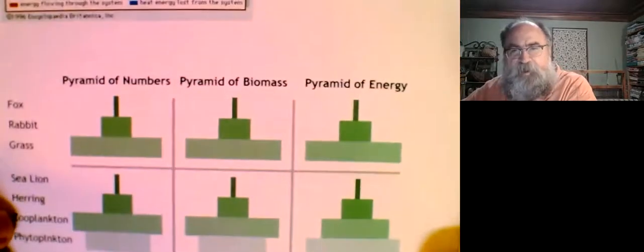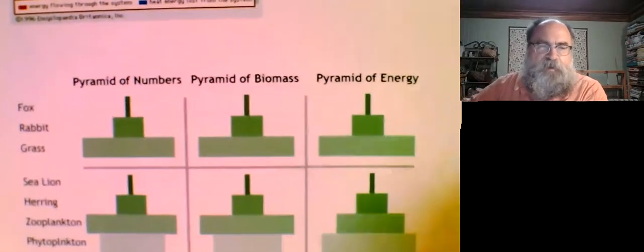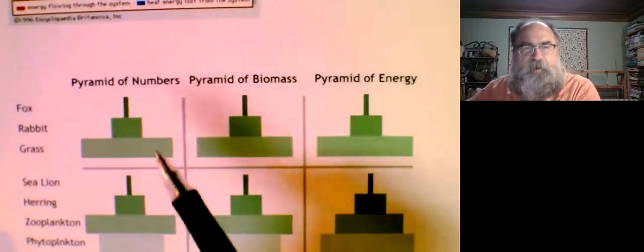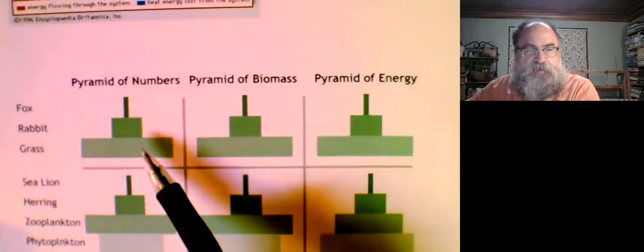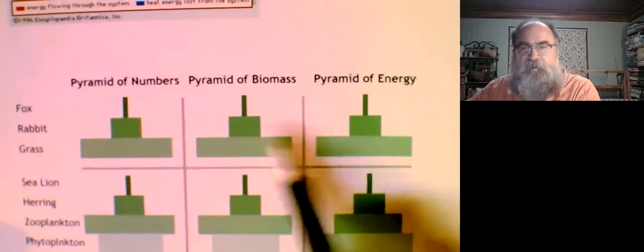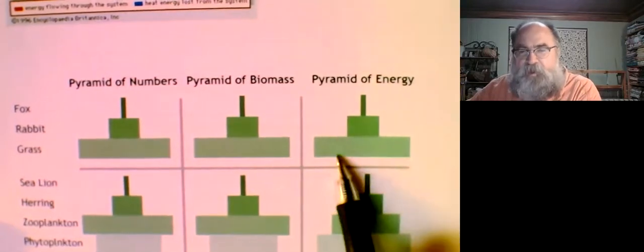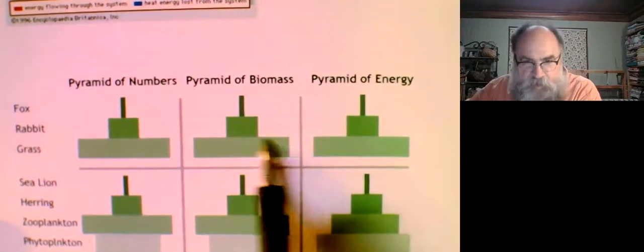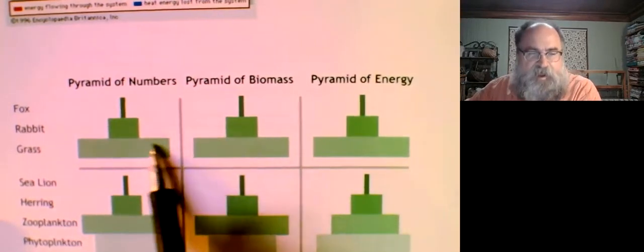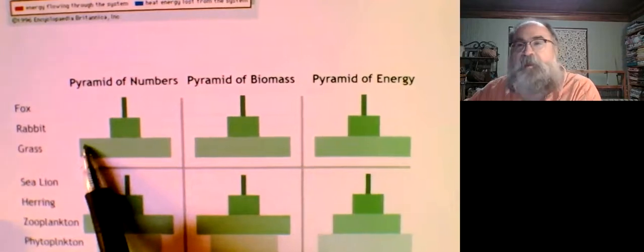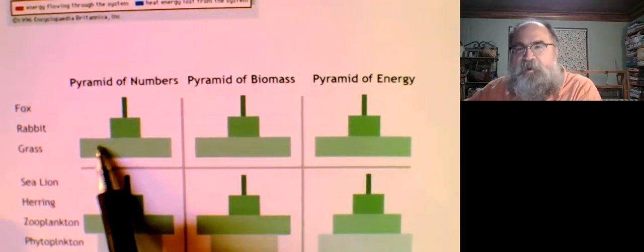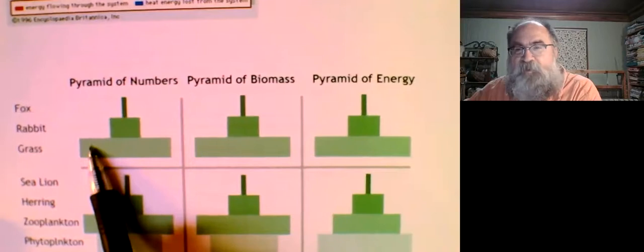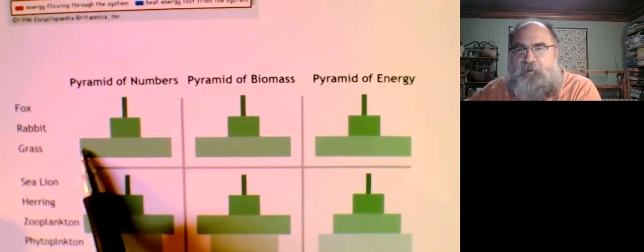And so there's a lot of other things that go along with that here. Pyramid of numbers, pyramid of biomass, pyramid of energy. When we look at producers, they have the most energy, they have the most biomass, and they have the most number. The number of species, the number of individuals, how many blades of grass are out there on the lawn.